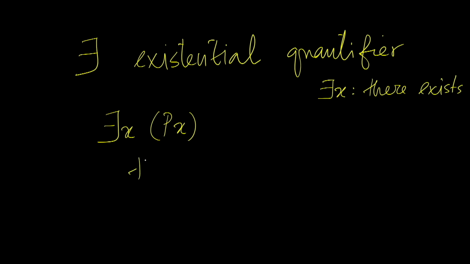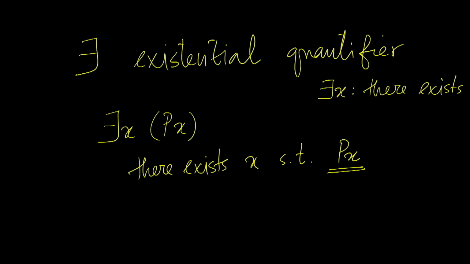What we essentially say is that there exists an x such that P of x is true. So, P of x is a predicate with an argument supplied, x is the argument here. So, that will take on a truth value as we have seen before. So, this statement is supposed to say that there exists an x such that P of x is true.